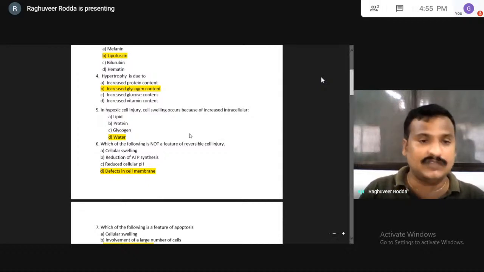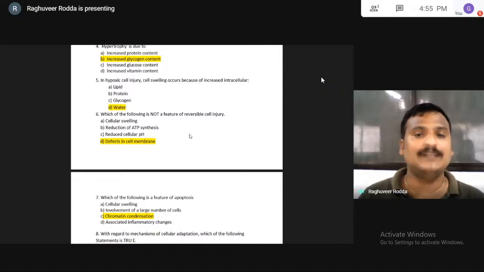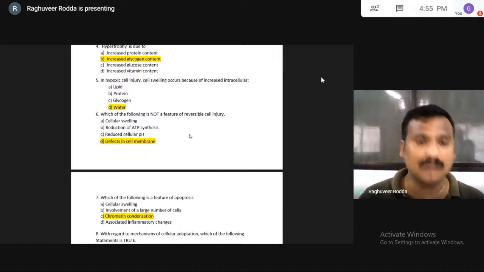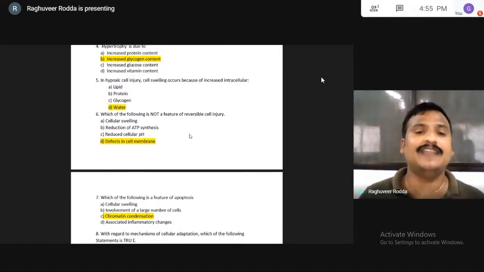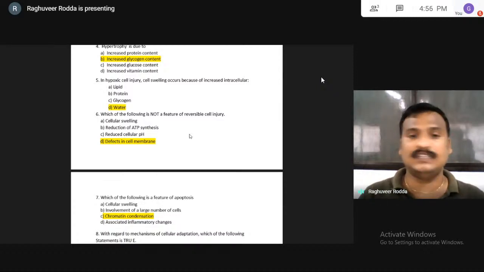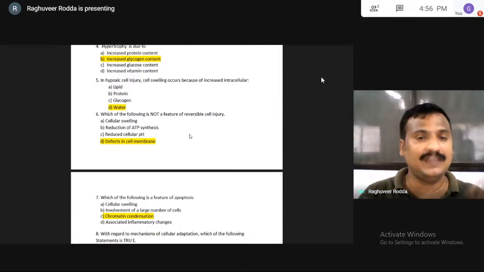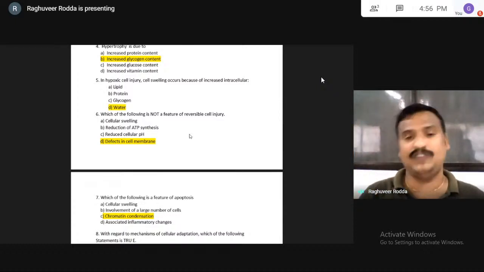And next to that, which of the following is not a feature of reversible cell injury? Cell swelling is definitely a primary step in any type of cell injury.